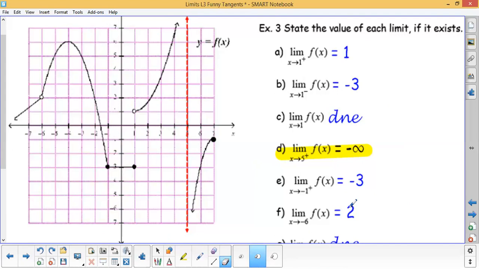But also notice what happens near this red asymptote over here. As x is approaching positive 5 from the right, the whole idea of an asymptote is the graph is going to get closer and closer and closer to positive 5, right?